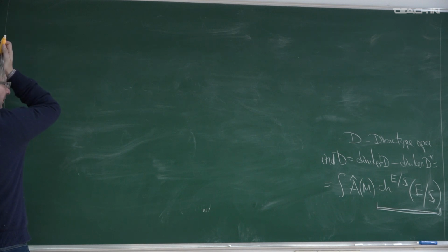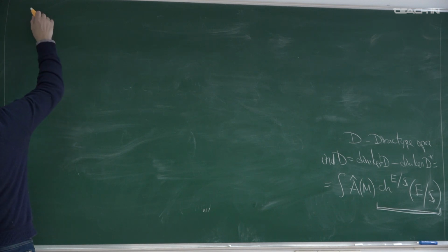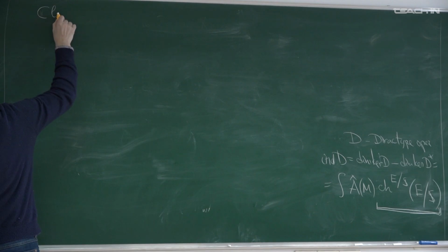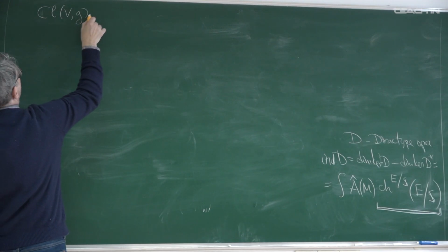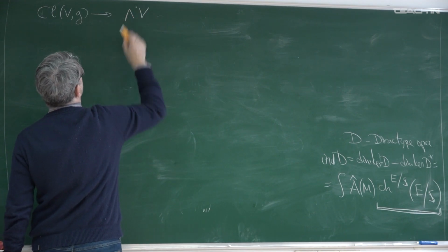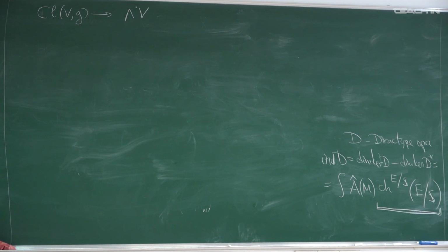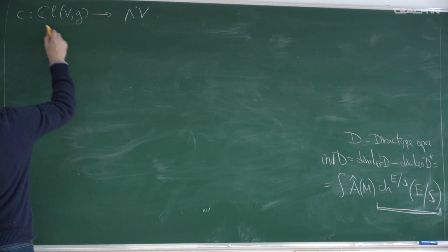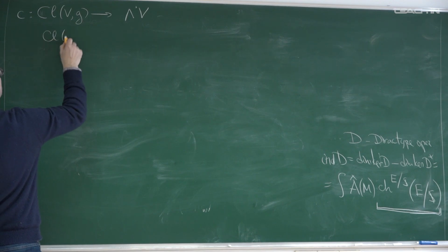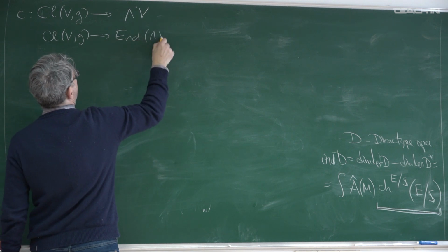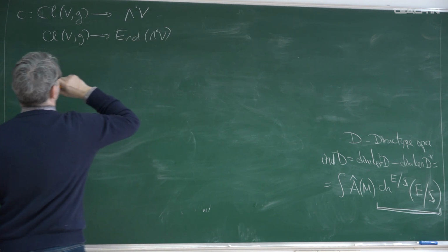We calculated the following thing last time. We mapped the Clifford algebra to the exterior algebra by defining the action. First of all, we send this to endomorphisms by the following formula.